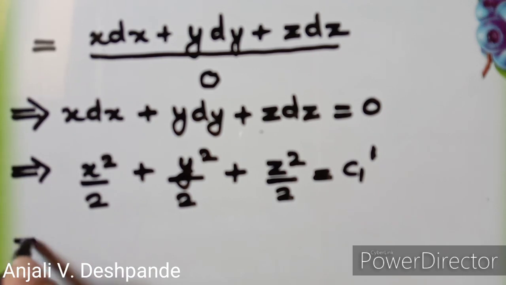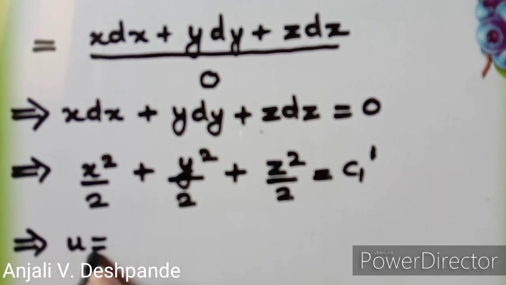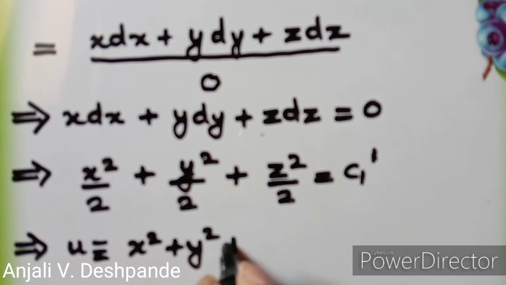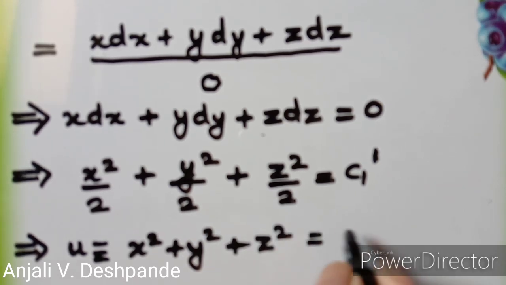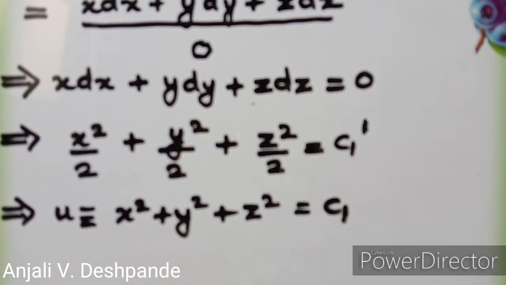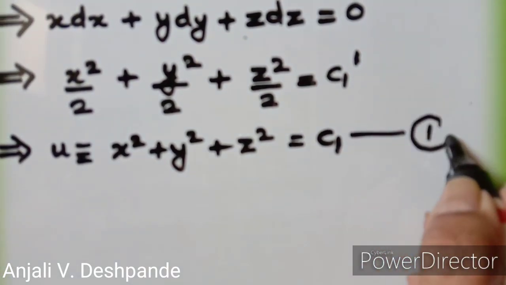Multiplying by 2, we can write that the first independent solution is given by x square plus y square plus z square is equal to, let's say, c1. And we are going to call this equation 1.